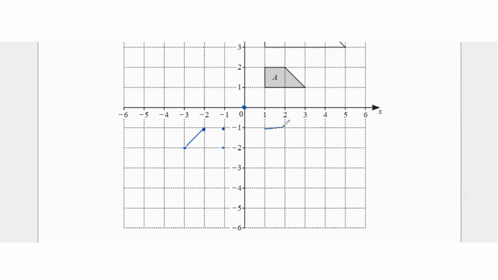First, it's going to be like this. And then it's going to be like this. So this is how it's going to look after a 180-degree rotation.